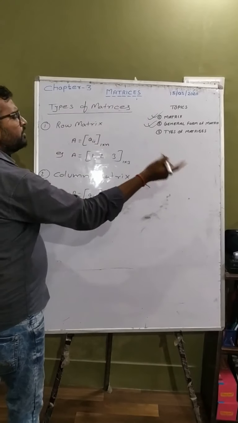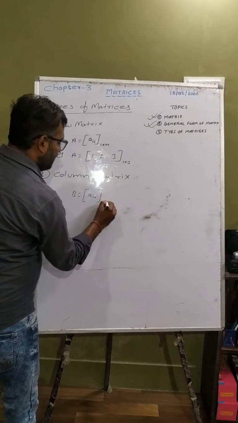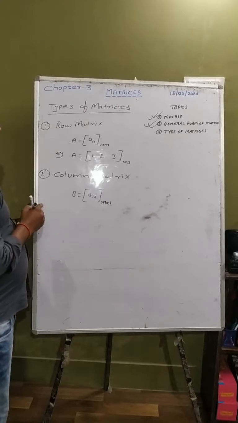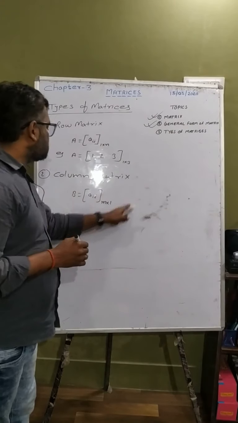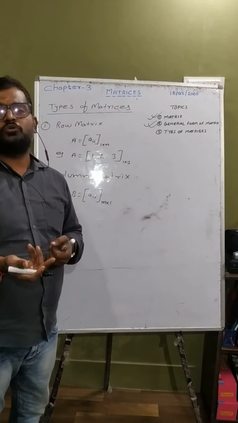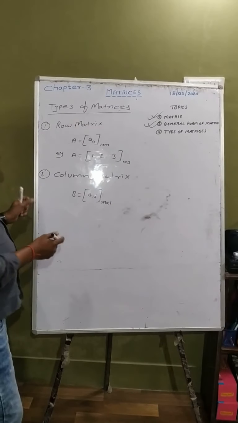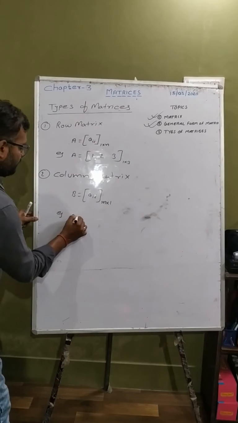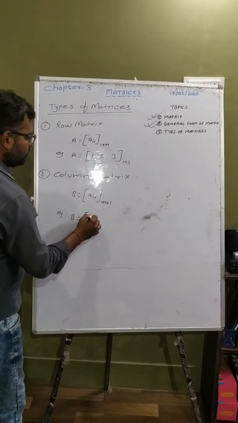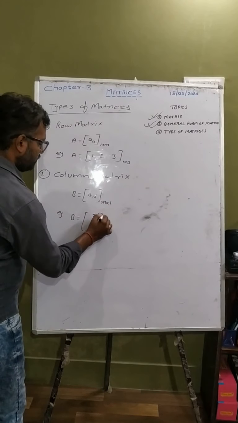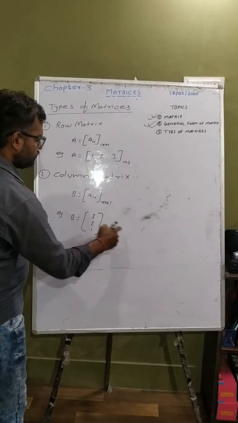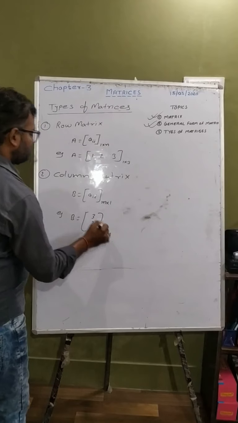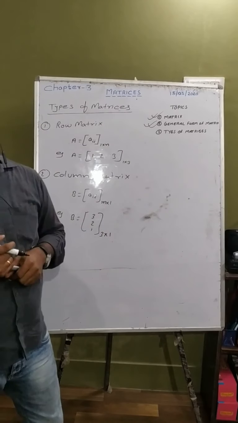There is no restriction on the rows. So it can be written m into 1. A matrix of the order m by 1 is said to be a column matrix. Example: B equals 3, 2, 1. How many rows? 3 rows are there. How many columns? 1. This is called the column matrix. Clear?